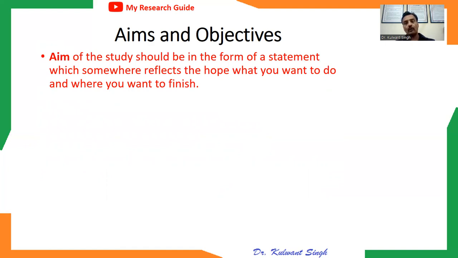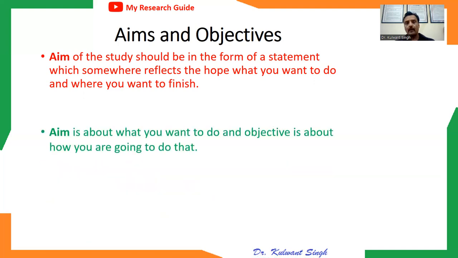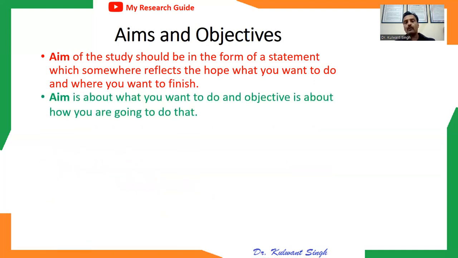Because there is a lot of confusion about the aim and objective in research projects. So the aim is about what you want to do, and the objective is about how you are going to do that. So this is the difference between the aim and objective.